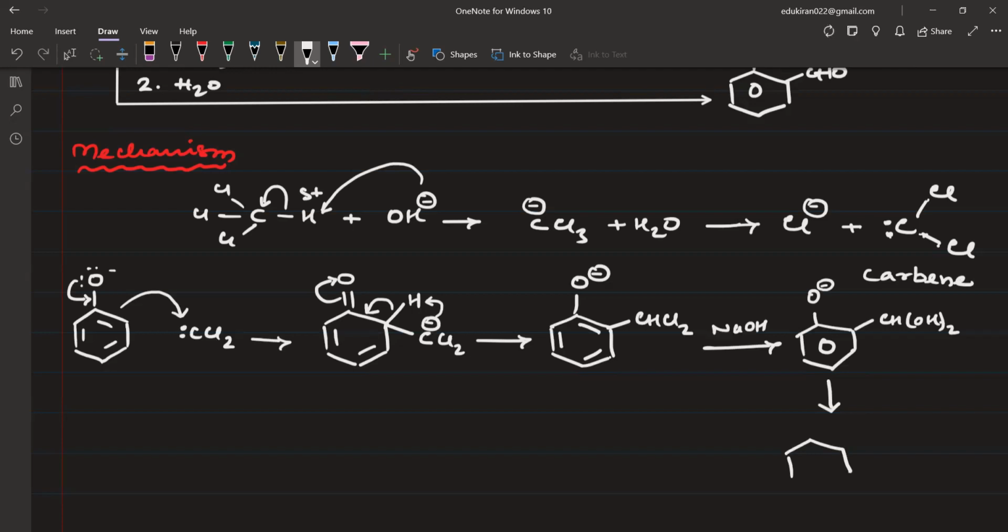Now the next steps are very easy. O negative will convert itself to CHO. Further hydrolysis leads to formation of salicylaldehyde.